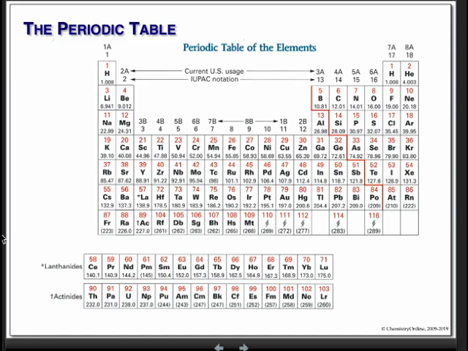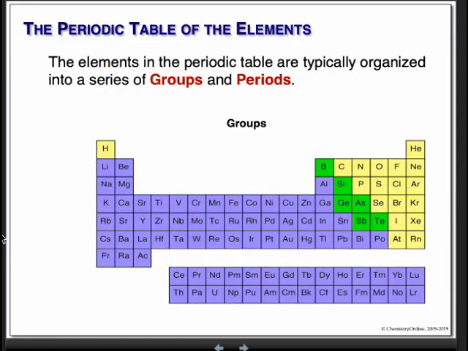All right, well, let's do a little more periodic table stuff. We're going to divide the periodic table into what we call groups and periods. The groups go across, periods go up and down. We're going to label our groups 1 through 8.